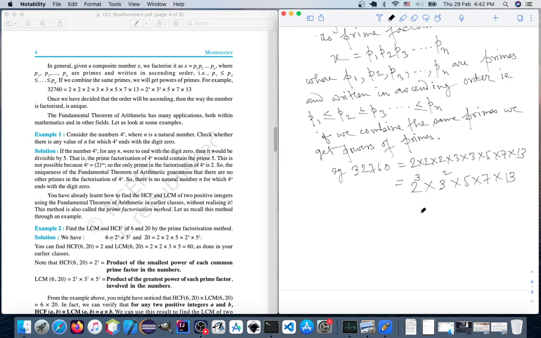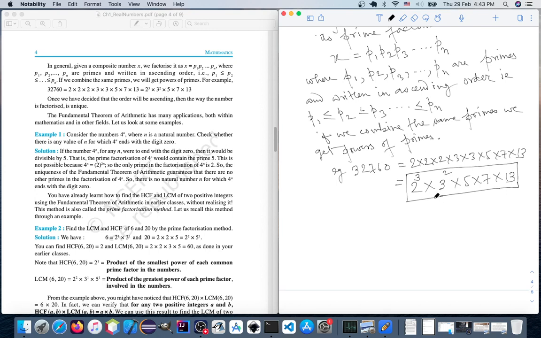So if we factorize the composite number x such that the prime factors are arranged in ascending order, p1 less than or equal to p2 less than or equal to p3, and then combine the similar prime numbers, the final representation that we get here is the final representation of the factorization of the number 32760, where all the primes are written in ascending order and the similar primes have been combined.